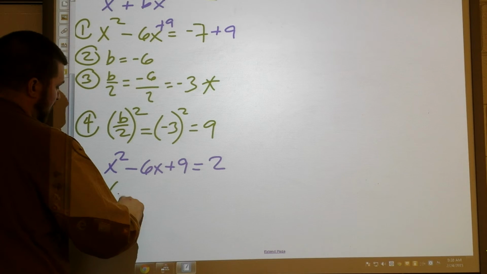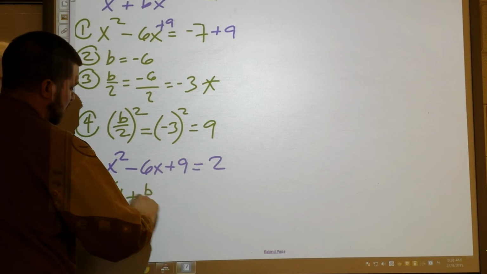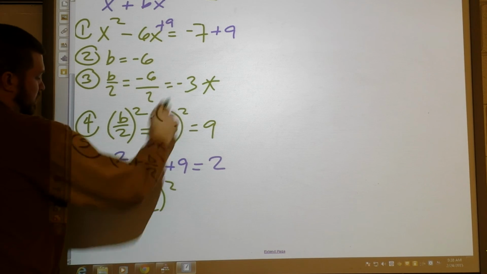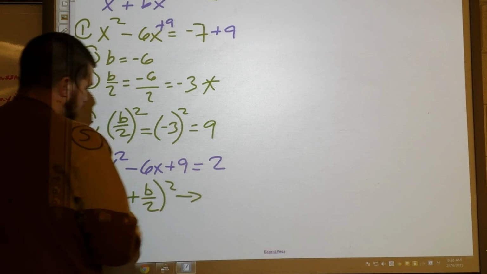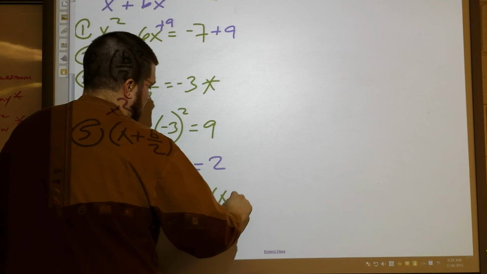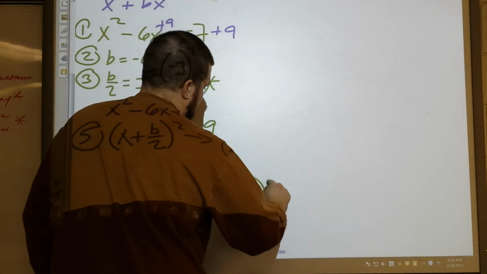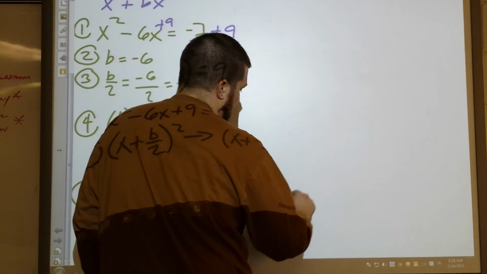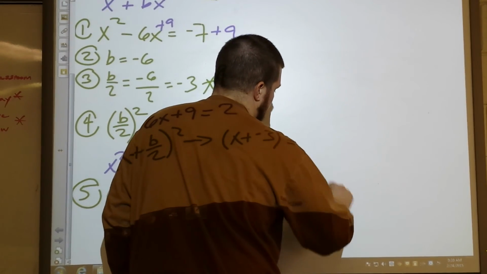So I'm going to use my factoring pattern, x plus b divided by 2 squared. I've already found b divided by 2. It was negative 3. So I have x plus negative 3 squared, which positive and negative is a negative, so let's clean that up. So I have x minus 3 squared.